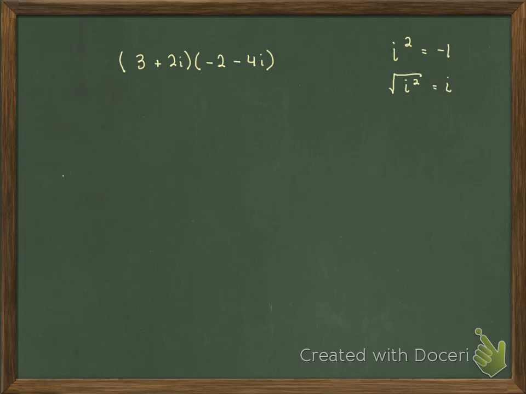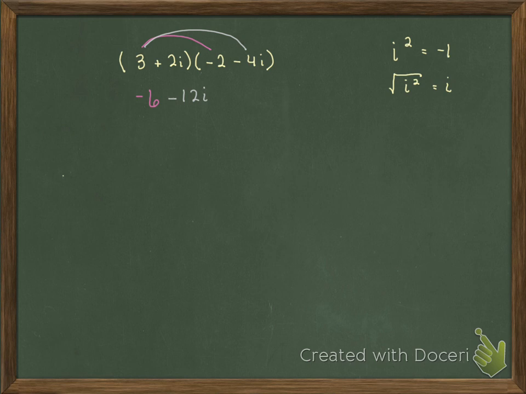So we'll start right here with the multiplying and get negative 6. And then we'll go from 3 to negative 4i. So 3 times negative 4i is negative 12i.